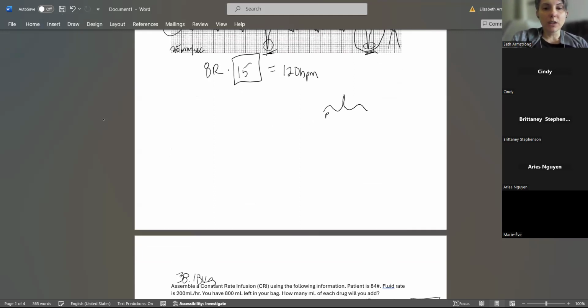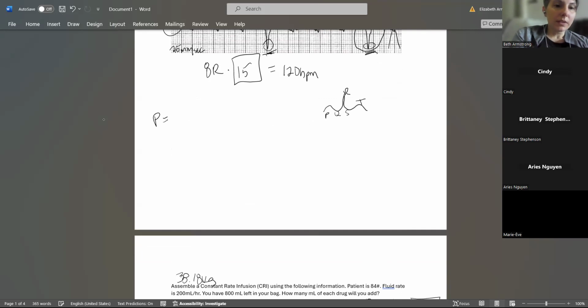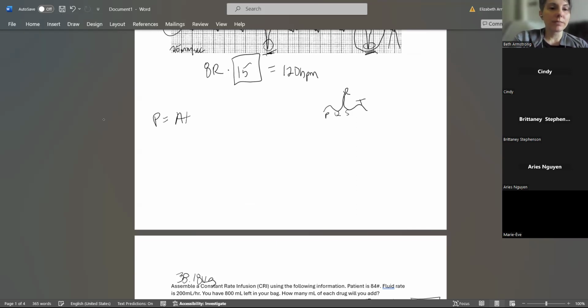So here's our P, Q, R, S, and T. Your P wave is atrial depolarization. If there's something wrong with the P wave, then it's an atrial issue.